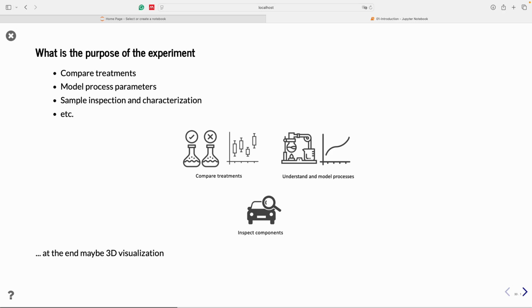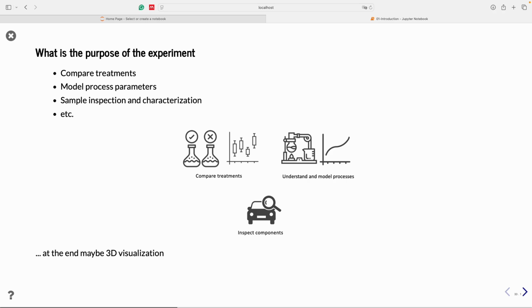Could also be that you want to inspect and characterize some sample. Was this process successful, or did it introduce some faulty regions? And in that case, where are the hotspots in these faulty regions?